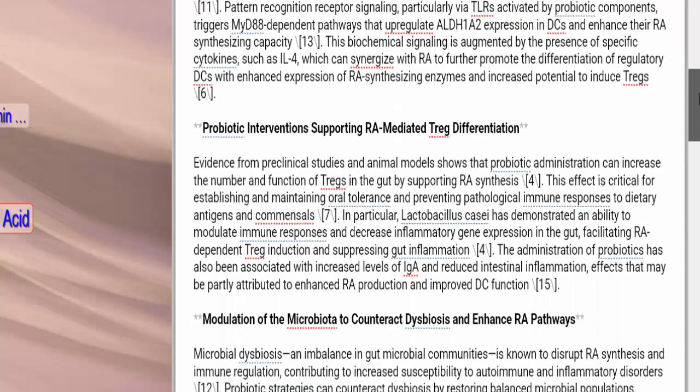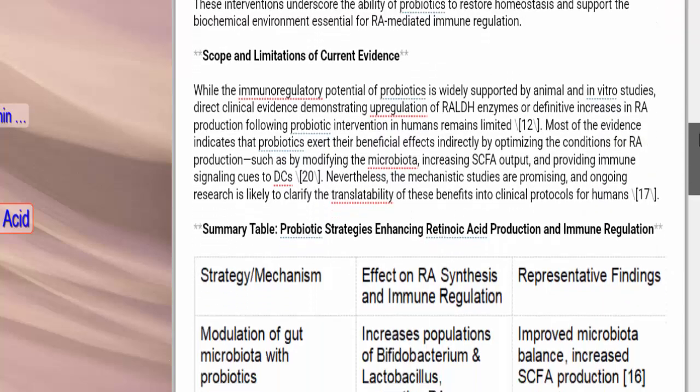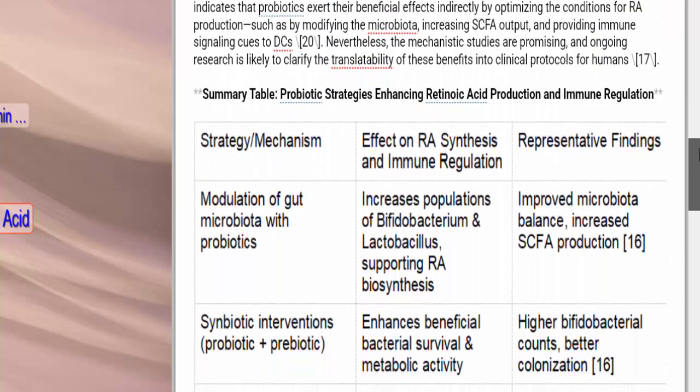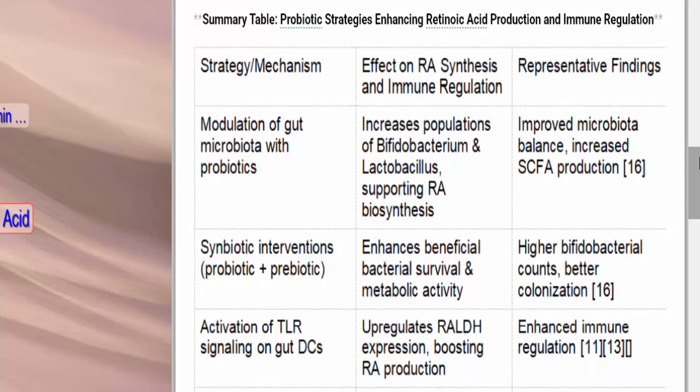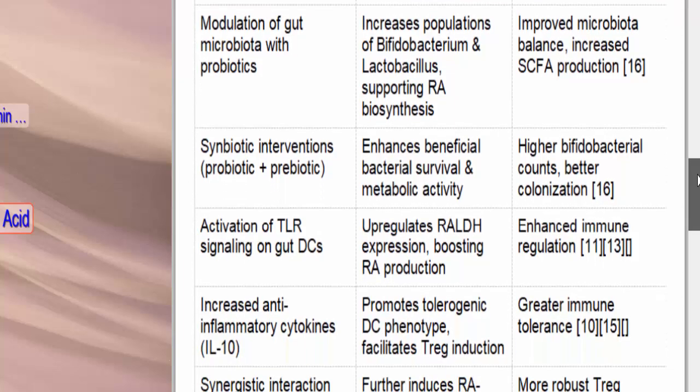If we scroll down further, you'll see a summary table here about the strategy, the mechanism, the effect on retinoic acid synthesis and immune regulation, and representative findings. So, modulation of gut microbiota with probiotics increases populations of Bifidobacterium and Lactobacillus supporting retinoic acid synthesis, and that increased short-chain fatty acid.